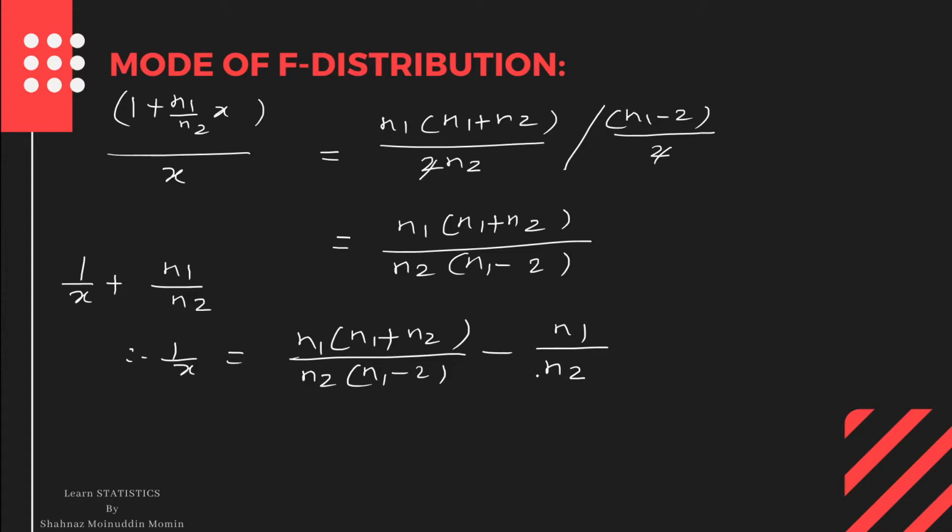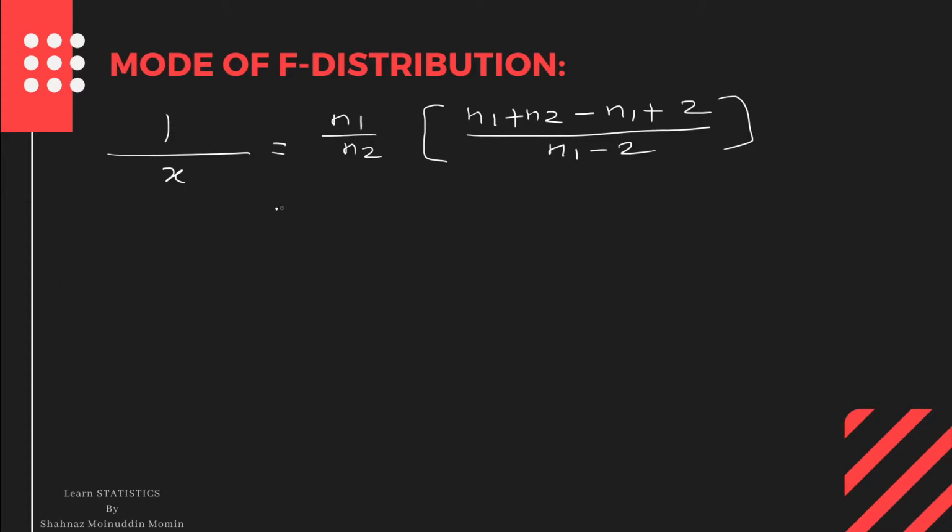Now I will take n1 by n2 common and then simplify the brackets. So it is (n1 plus n2) divided by (n1 minus 2) minus 1. Now let us take the LCM.